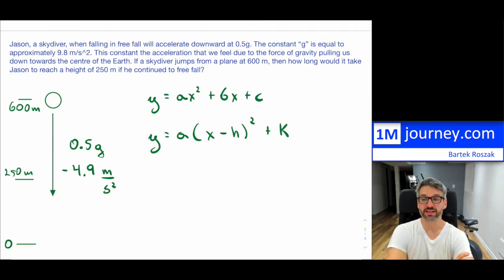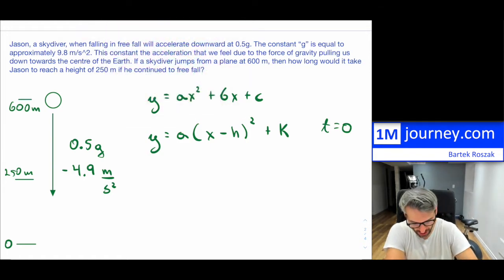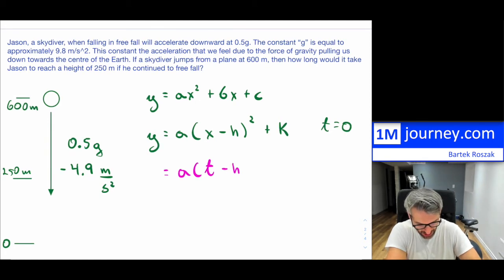So basically, at time t equal to 0. Now, we don't have any times t here, but what I can do is, instead of using the letter x, let's make x equal to t. So this is a, then t minus h squared, plus your k.